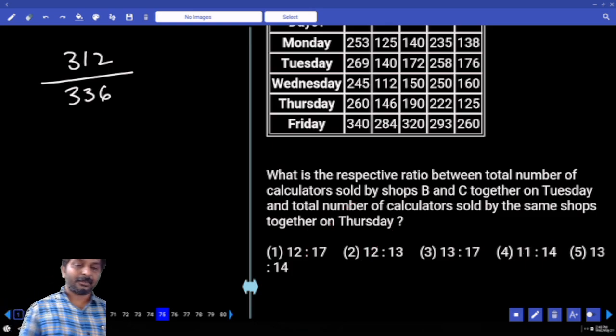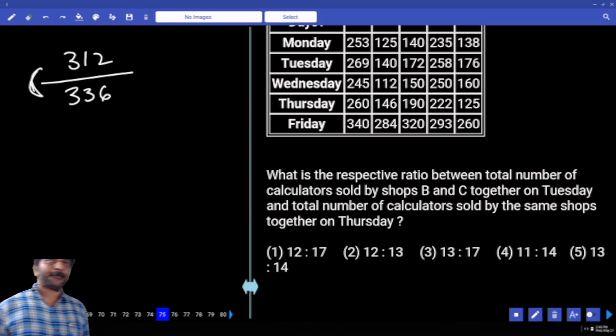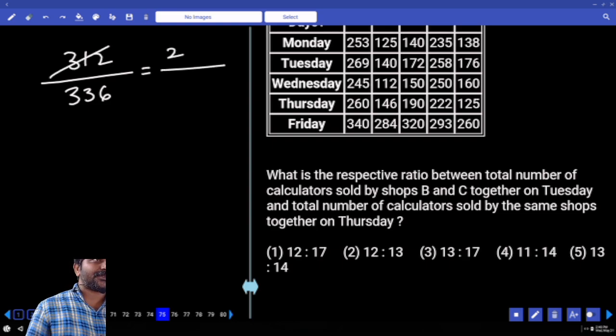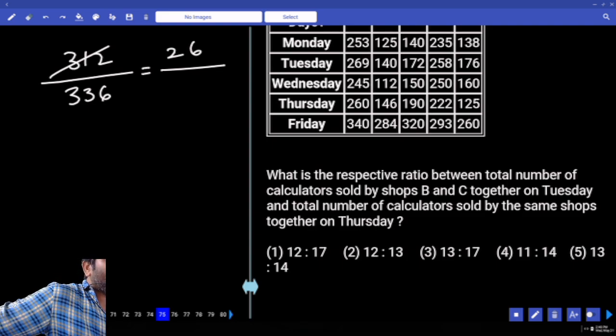Forget about it. What is difference between numerator and denominator? 24. Try to cancel numbers with 24. 12 at least. 12 2 times 24 72. What is difference between numerator and denominator? 24.